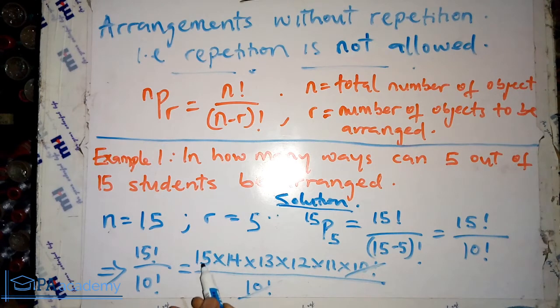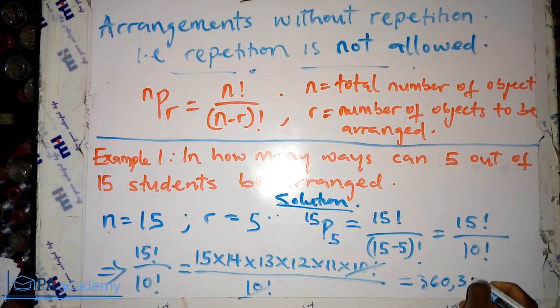What you are left with is 15 times 14 times 13 times 12 times 11. So multiply that in your calculator. Once we do that, we arrive at 360,360 ways. So that's the solution to the first example.